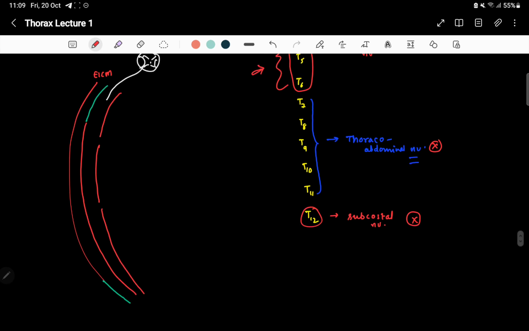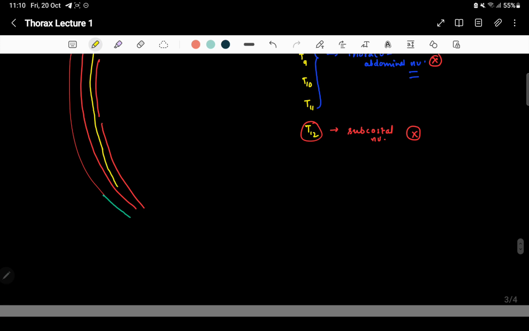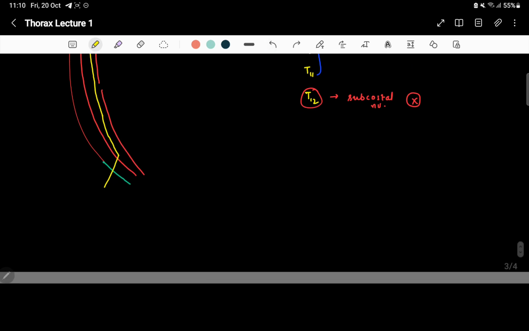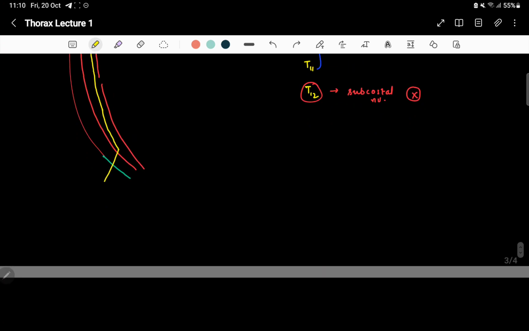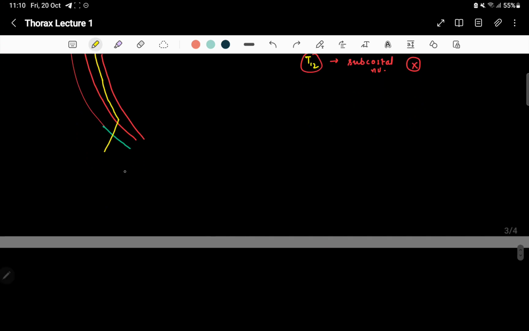Let's say this is an intercostal nerve. Let me mark it with yellow for anatomical connectivity. This nerve will go like this, and will pierce the innermost and internal intercostal muscle as well as the external intercostal membrane. It will divide into a medial branch and a lateral branch here.